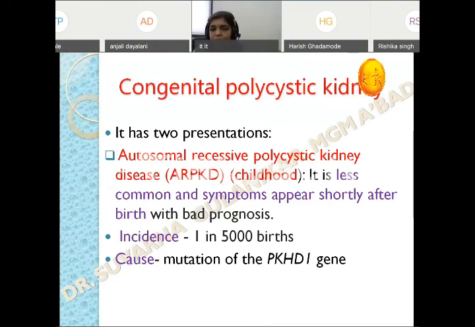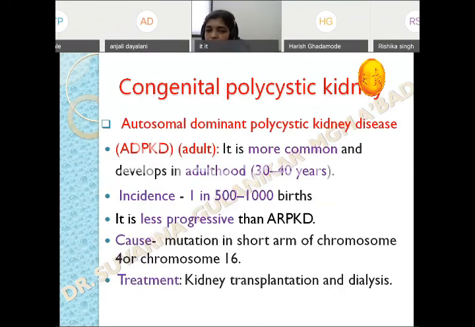The second condition is autosomal dominant, ADPKD, autosomal dominant polycystic kidney disease. Here the incidence is more common, around 1 in 500 to 1,000 births. It develops in adulthood, that is 30 to 40 years, and it is less progressive.